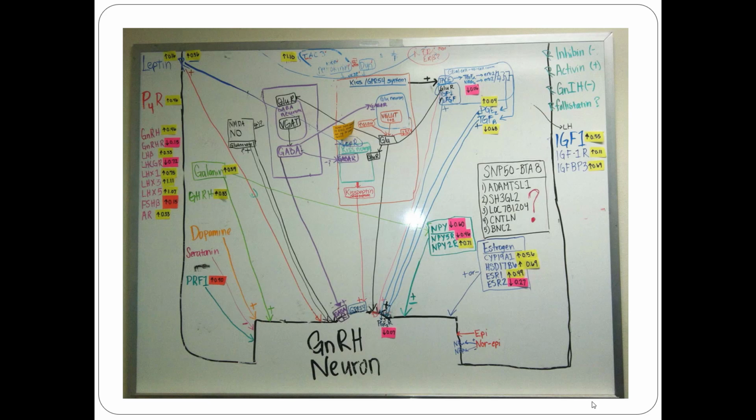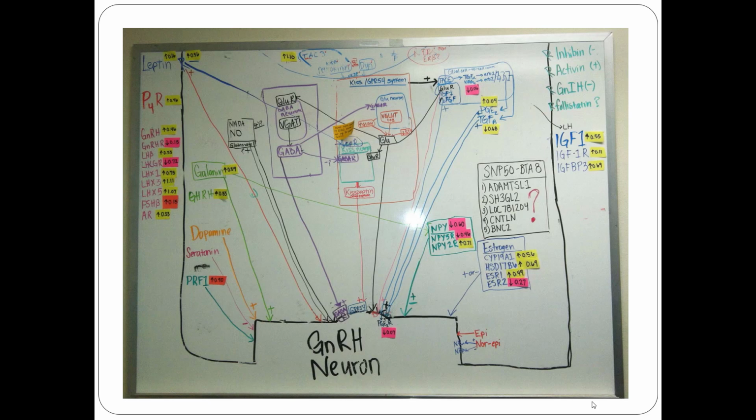One of those questions was, when does the GnRH neuron actually get activated? Because as you'll learn in chapter 6, the activation of the GnRH neuron is directly related to when a female will come into puberty.